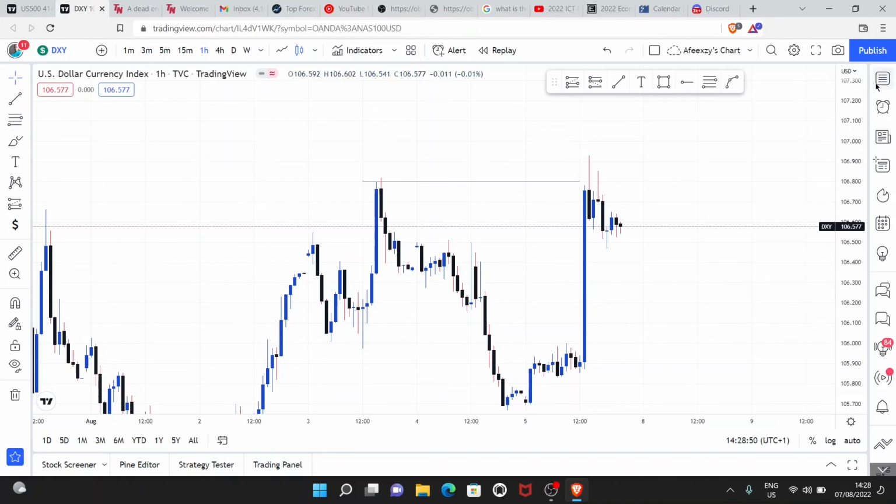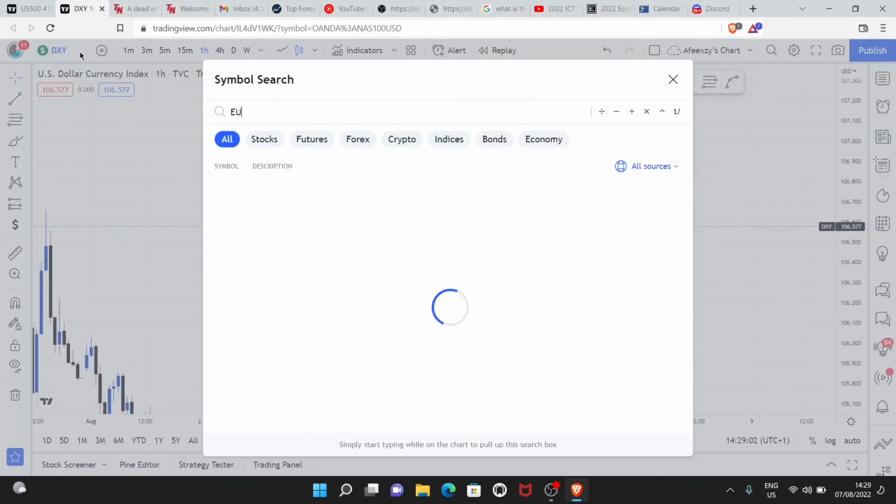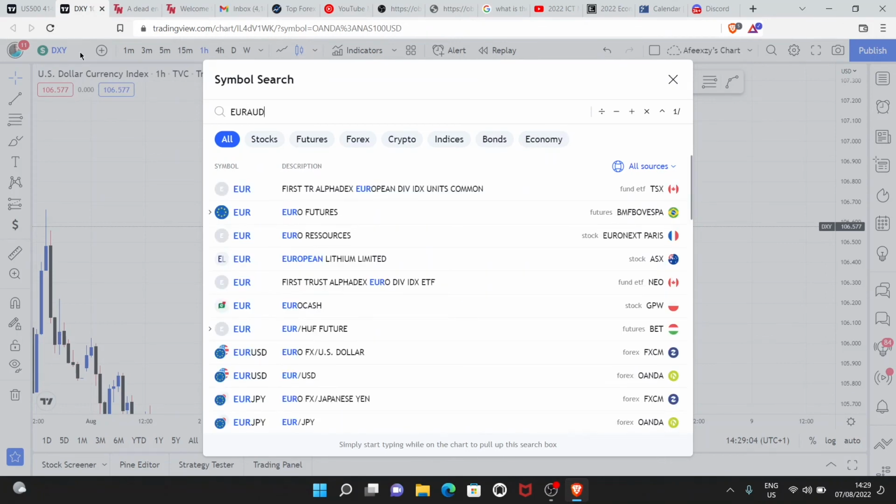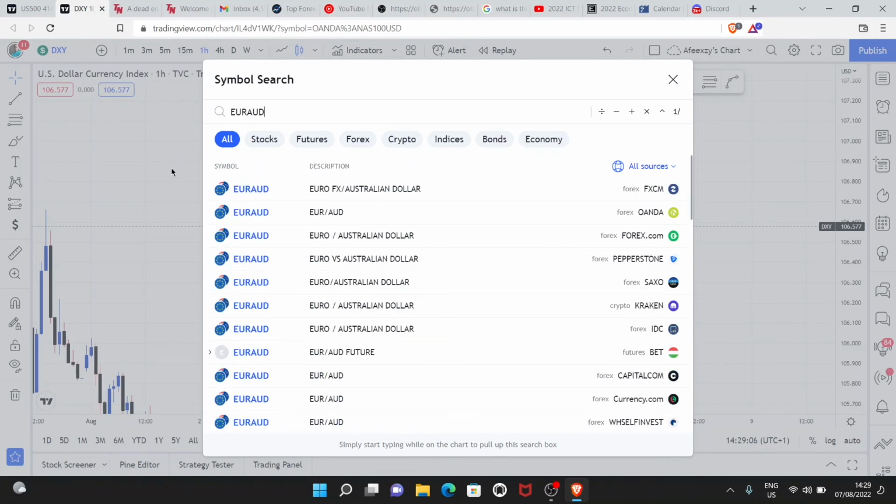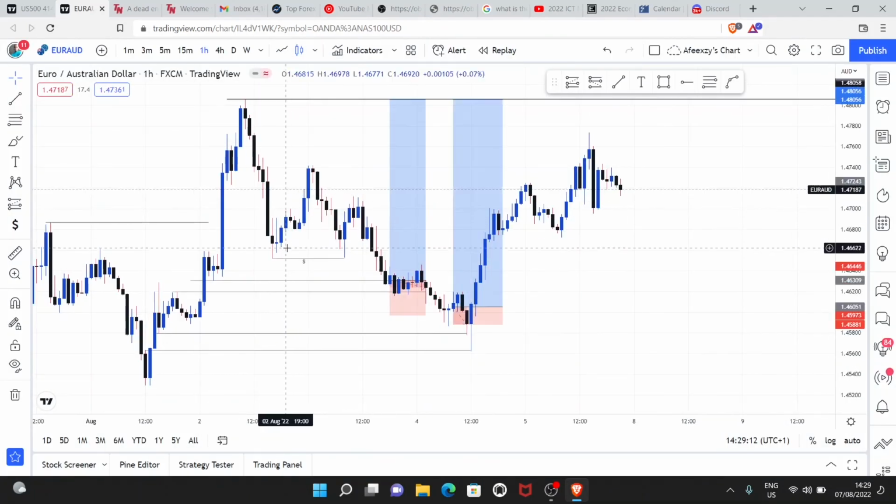So on our swing, I did not really take any swing. I think I took a Euro AUD swing, which hit my stop loss a lot of times. Also, I took a USD CHF swing. Let's just start with our Euro AUD swing.